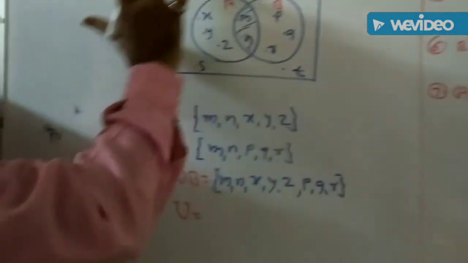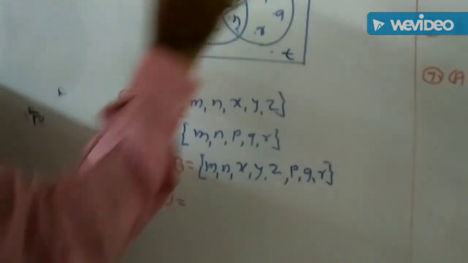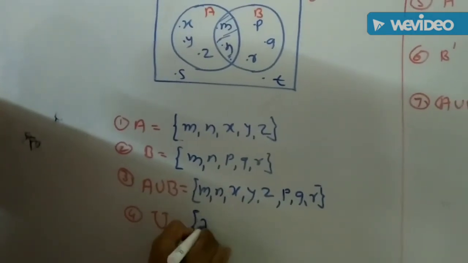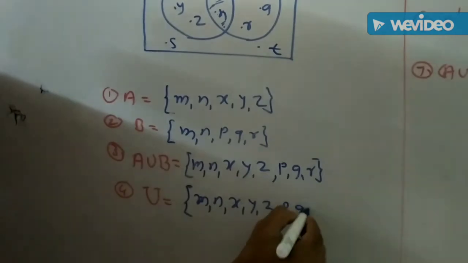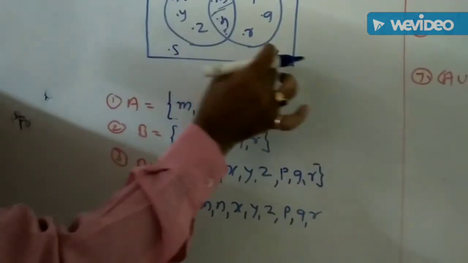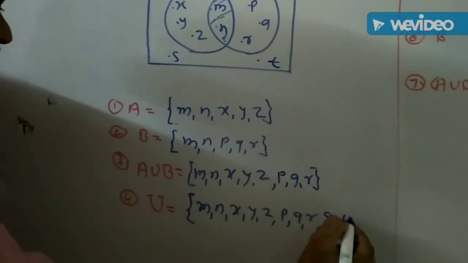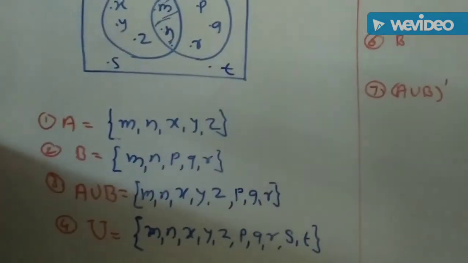Universal set means the set of all the elements in this figure, that is M, N, X, Y, Z, P, Q, R, and then the remaining elements S and T. This is the universal set.